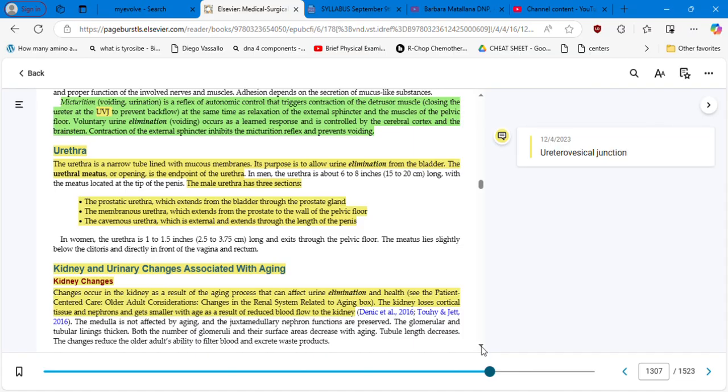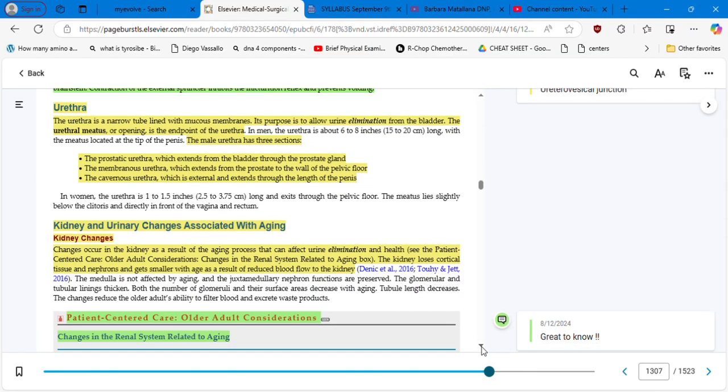Okay, urethra. The urethra is a narrow tube lined with mucous membrane. Its purpose is to allow urine elimination from the bladder. The urethral meatus, or opening, is the end point of the urethra.